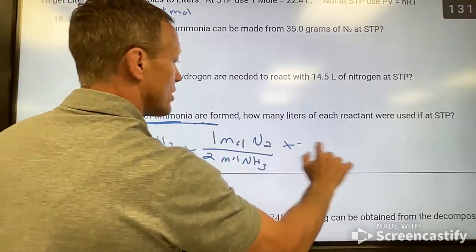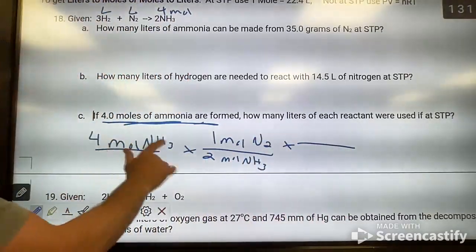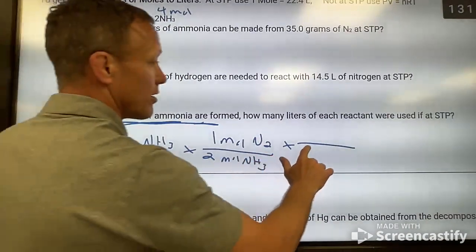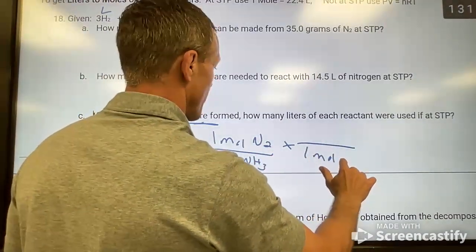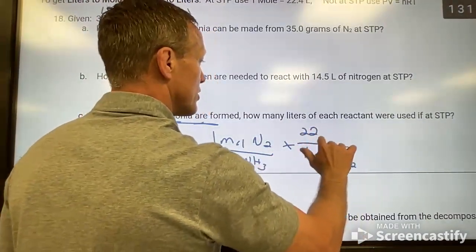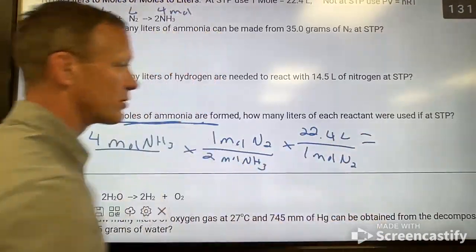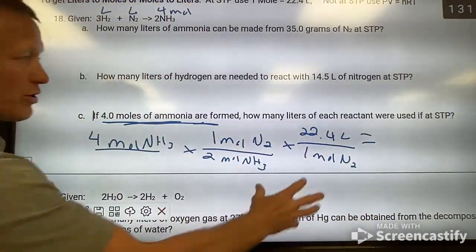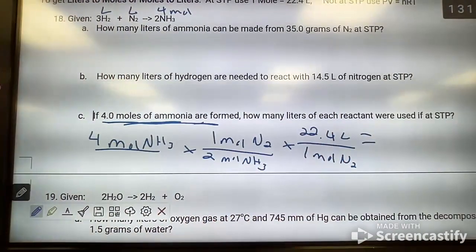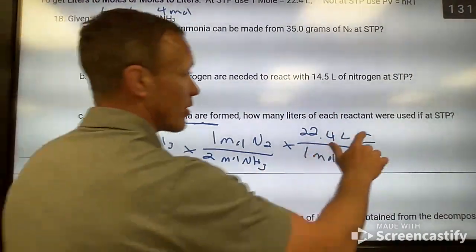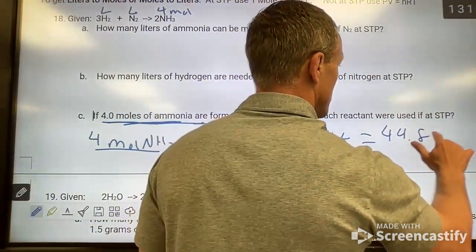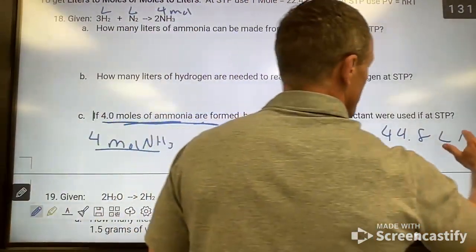So that gets us to moles. Divide this by 2. And then at STP, we know that a mole of N2 is 22.4 liters. Remember, you can only use this at STP. We're going to do some later where they're not. So that'd be 44.8 liters of N2.